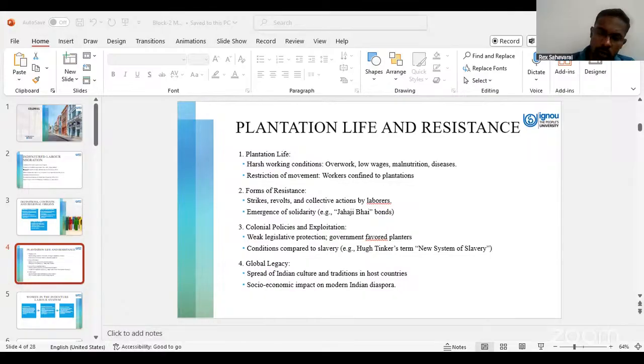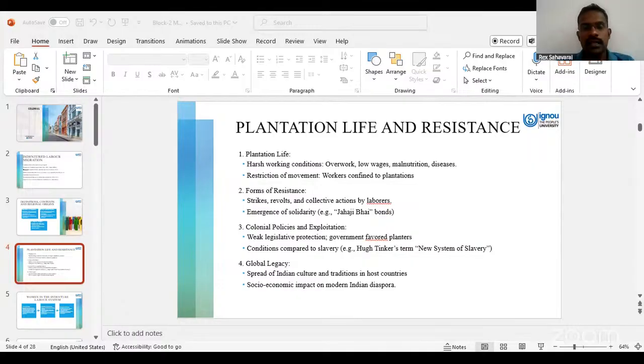And what is the process of recruitment, how they recruit the indentured labor? It is based on intending immigrants, and there were licensed immigrant agents during the British period. They would be given a license.